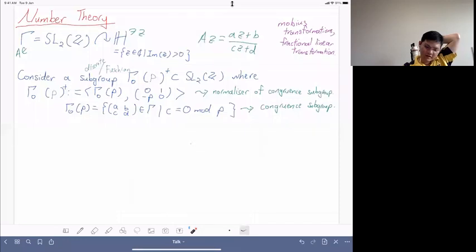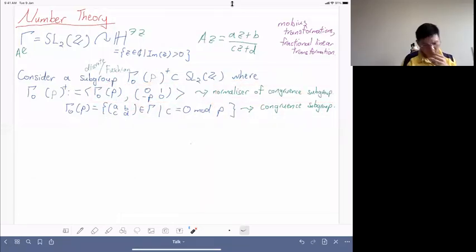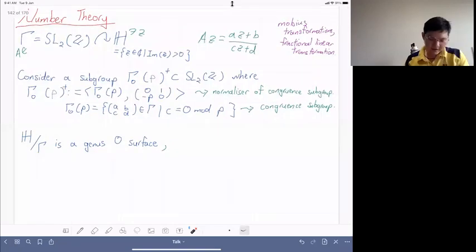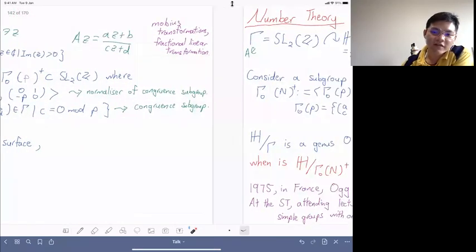We also look at the normalizer of the subgroup. If you look at this hyperbolic plane modded out by the action of SL2Z, it's actually a genus zero surface. What does a genus zero surface have to do with this J function?